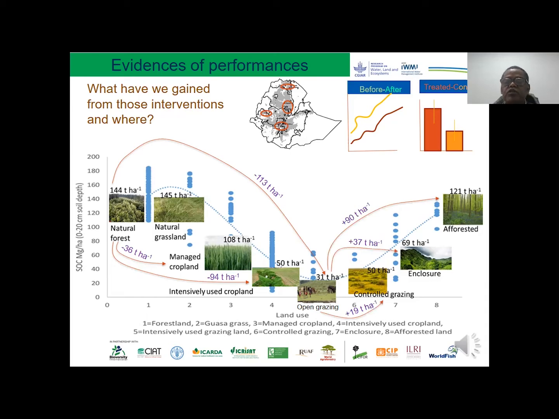When we do restoration from open grazing to well-maintained afforested system, there is a gain of around 90 tons per hectare of soil carbon in the topsoil. So this shows that while degradation can cause significant loss of soil carbon, restoration can still bring the carbon back to the system, an important contribution.